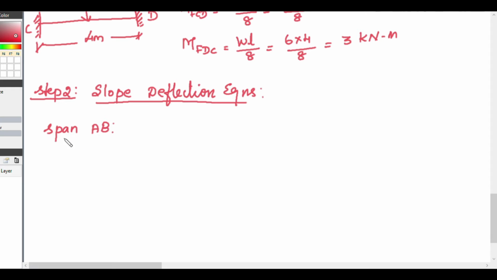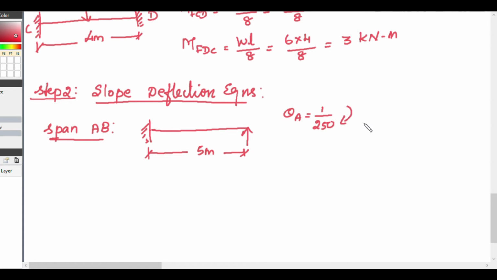While you are considering the span AB, we know A is fixed and B is simple support but intermediate support. And the span length is 5 meter for AB. Now theta A is given as 1 by 250 radians in the clockwise direction.